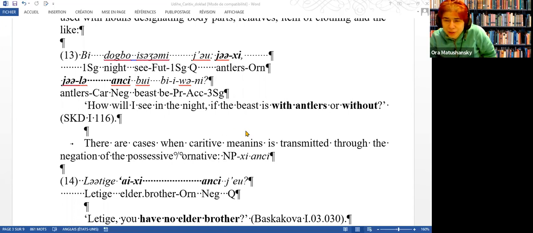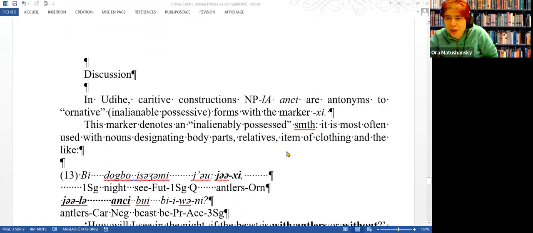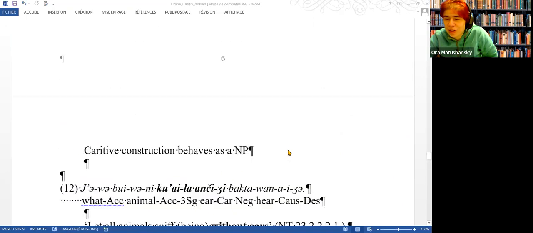For instance, if you have coordination, like without a shirt or pants, would you be able to have one shared negation for both constituents marked with caritive? Would you be able to have coordination under the caritive and negation? Would you need to repeat both caritive and negation in both constituents?